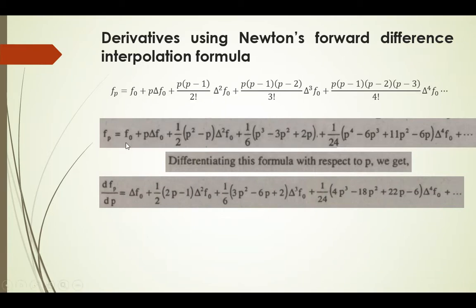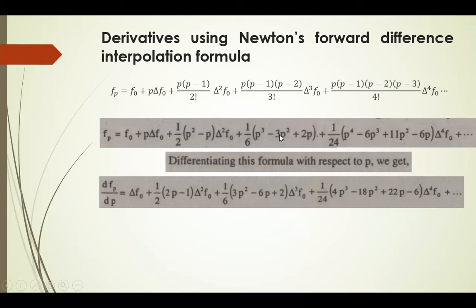The derivative of f naught with respect to p is 0 because there is no p here and f naught is constant. So f naught is missing here. Derivative of p is 1, so 1 into delta f naught. Derivative of p square is 2p, derivative of p is 1, and here derivative of p cube is 3p square.